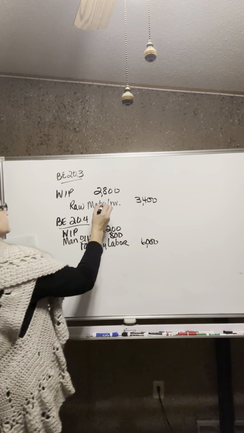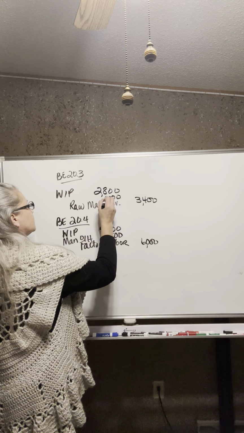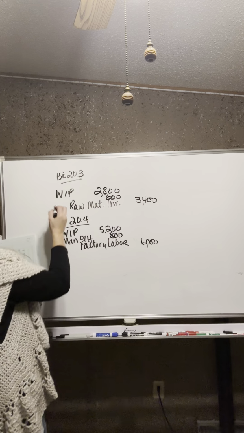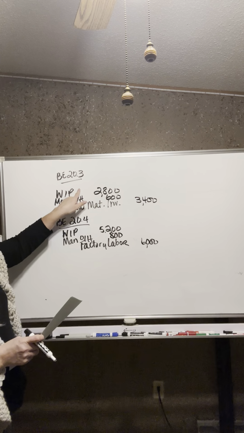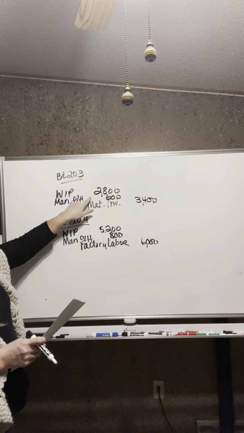Indirect amount would be 600. And indirect always goes to manufacturing overhead. Sorry, we fixed it. Raw materials went into the process. Indirect goes into overhead. Factory labor is completely wiped out from what we set out earlier. Direct goes into the process. Indirect goes into manufacturing overhead.